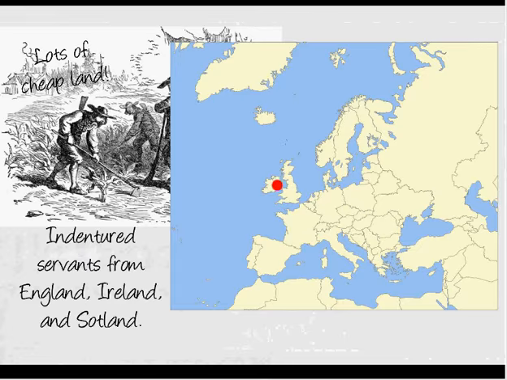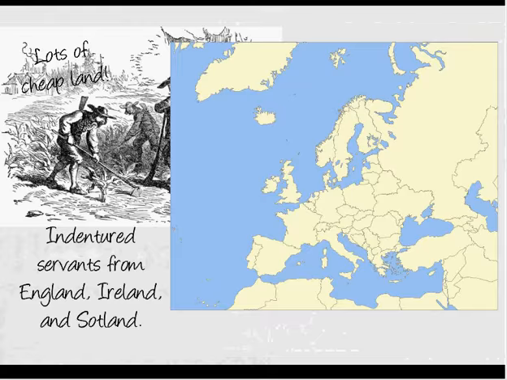So you had English-speaking peoples at first going over. But the thing was, once their indenture was over, there was all this land, and even the poorest person could usually get a farm if they were European. 75% of white males in the New World were property owners. So that creates a constant labor shortage.